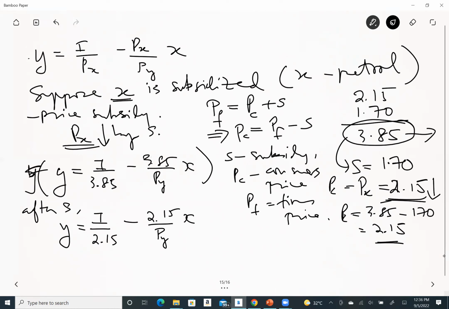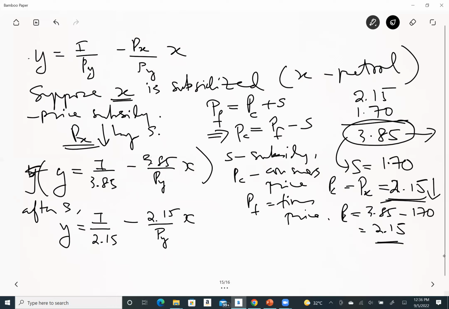Sure. Yeah. For the equation, for I, is it I over price of Y or income over price of X? Oh yeah, thank you. I over PY, this is PY. PY, right? Right, PY. Good thing you said it. I wrote PX instead. Okay, PY.